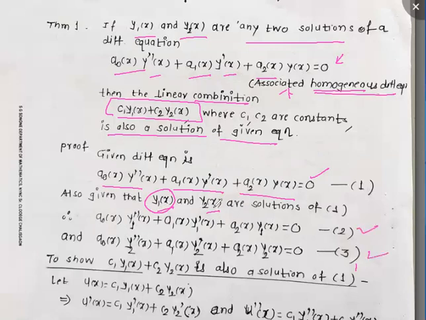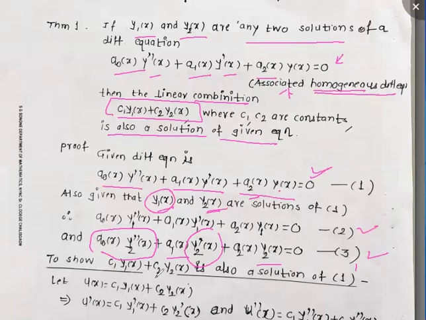Then y2(x) is also a solution of equation 1. Now put y = y2(x): we get a0(x) times the second derivative of y2, plus a1(x) times the first derivative of y2, plus a2(x) y2(x) = 0. This is equation number 3.